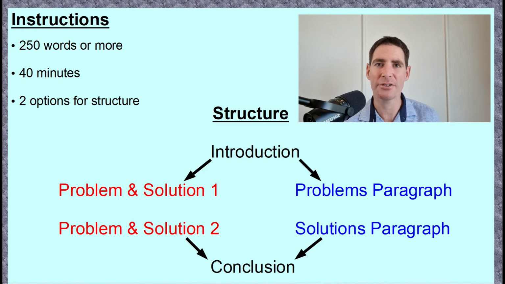Both structures have an introduction and a conclusion, but the structure in the red has the problem and the solution to that problem all in one paragraph, and then you do the same thing for your second problem and your second solution. However, on the right with the blue font, you can have all the problems in the first paragraph of the main body and all the solutions in the second part of the main body. It's up to you how you wish to proceed.